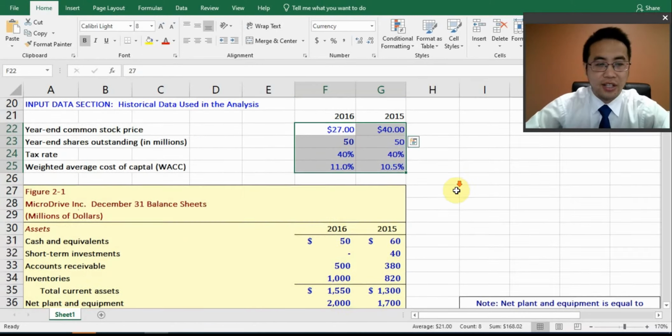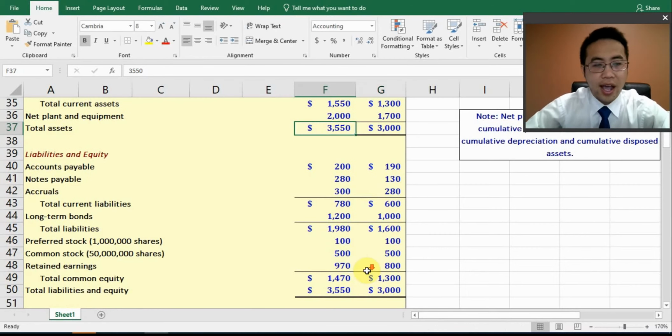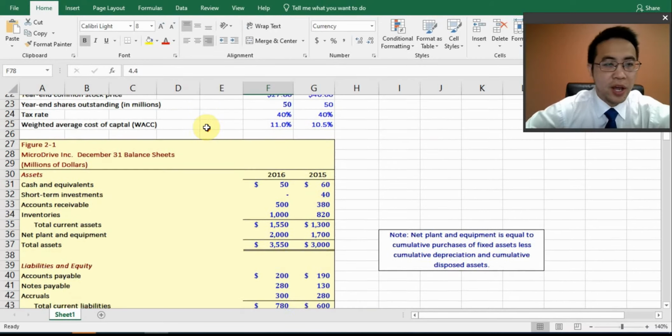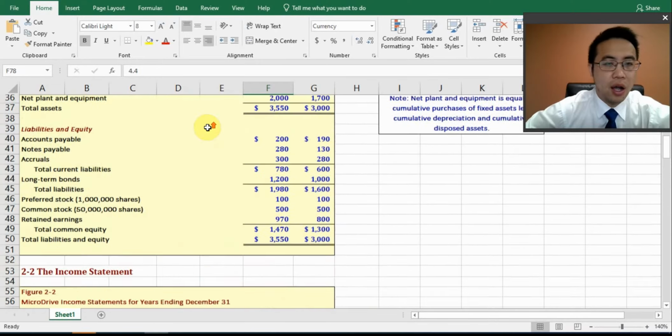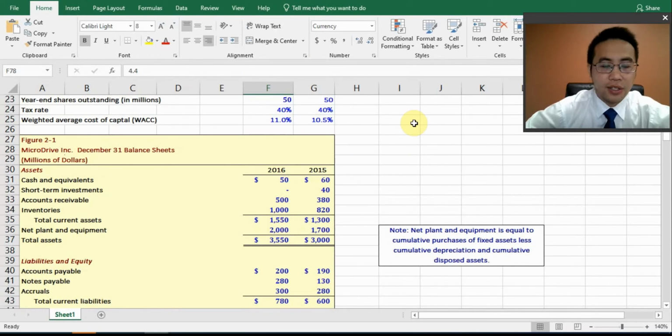So we just leave them as is. But the current assets, the total assets, and the total current liabilities could also be calculated, and we're gonna put some formulas behind them to show that we have the knowledge of how to construct the financial statements. For what it's worth, the entire spreadsheet, including this balance sheet, income statement, and all the others, is directly coming from your textbook. So if you got lost somewhere, you can check the textbook for more detailed information.